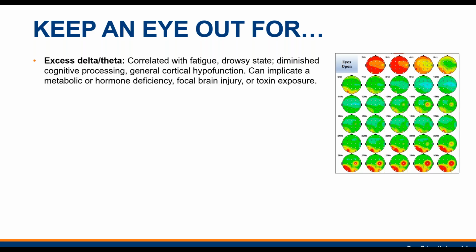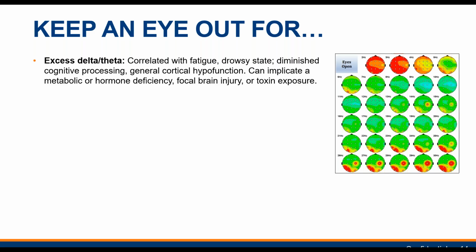Notably, this is a pattern you would expect to see in somebody that is experiencing dementia. Maybe you're an Alzheimer's patient. You're going to see an excess of this slow wave activity. We've talked about that a lot in our past webinars on how to recognize dementia. But it doesn't always mean dementia, right?